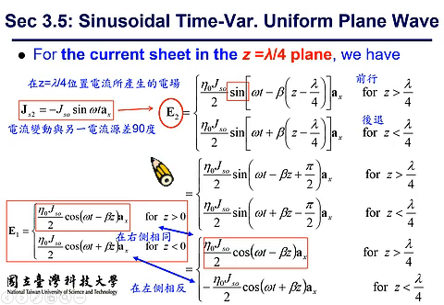So if you compare the two parts, you identify that the very last term in the sinusoidal function is z minus lambda over 4, which, if you multiply by beta, which is 2 pi over lambda, can be turned into pi over 2, which equals 90 degrees.